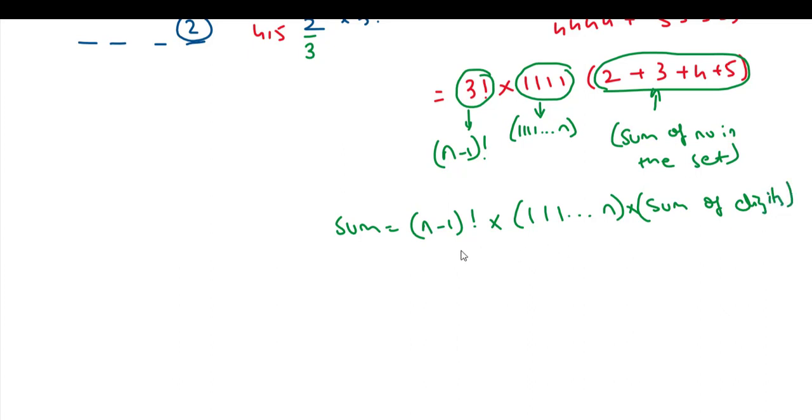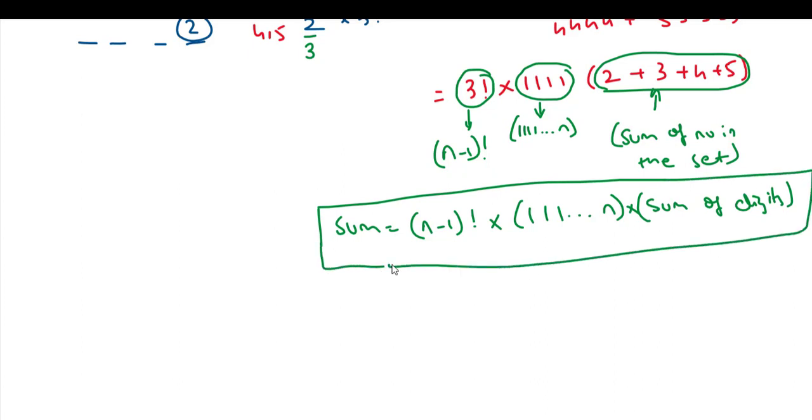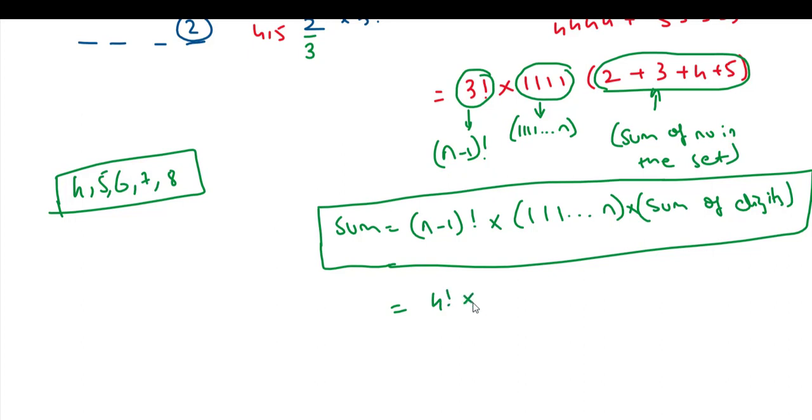So in this way you can find the sum of all the n-digit numbers which can be formed using the given n digits. So if the given digits were, let's say, 4, 5, 6, 7 and 8, and you want to find the sum of all the 5-digit numbers that can be formed using these 5 digits, it will be directly, number of numbers are 5, so it will be 4 factorial into 1, 1, 1, how many times?